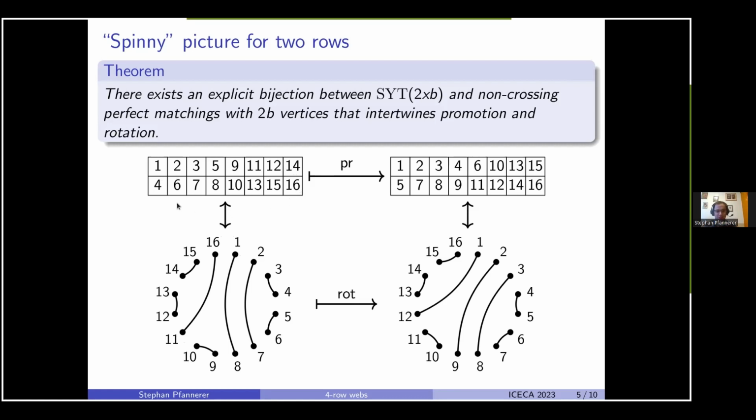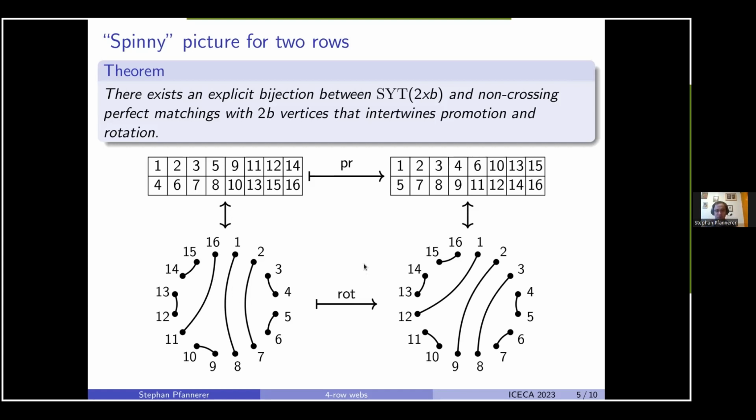And what's quite nice is if we apply promotion, we get another standard Young tableau. We can look at the corresponding matching, and it turns out that the matchings are just rotated. If you look carefully at what's happening from here to here, you really take that matching and rotate it by 2 pi over 16.